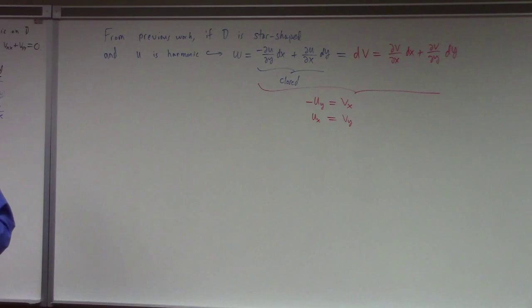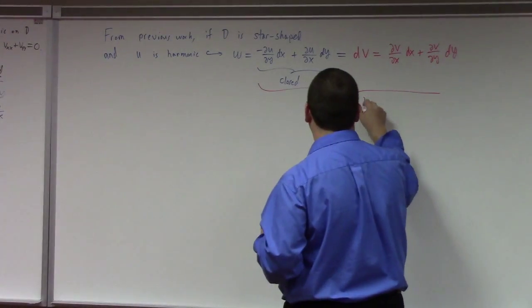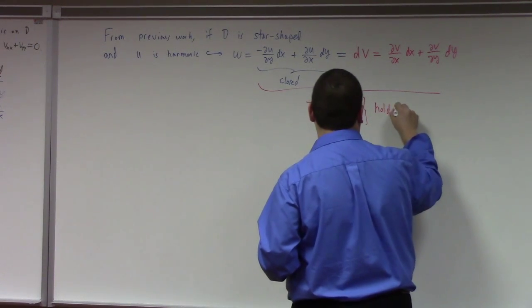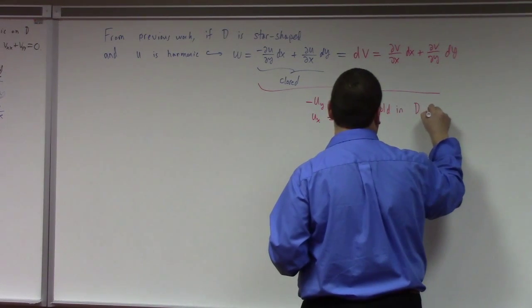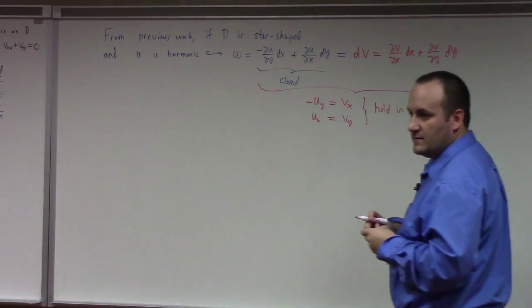What are those? Yeah, those are the Cauchy-Riemann equations. So what's that tell us? These are the Cauchy-Riemann equations, and these hold in a domain D, in fact, a star-shaped domain, right?